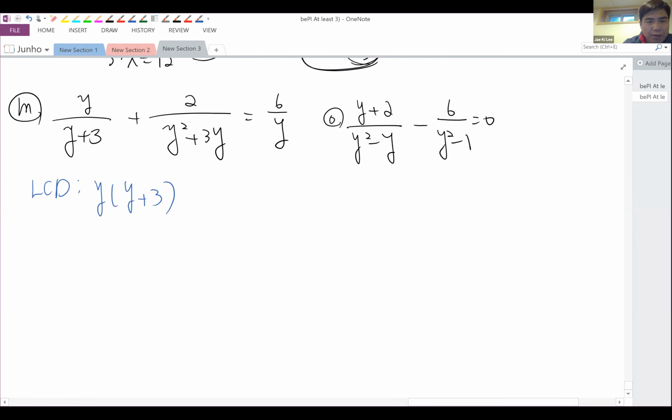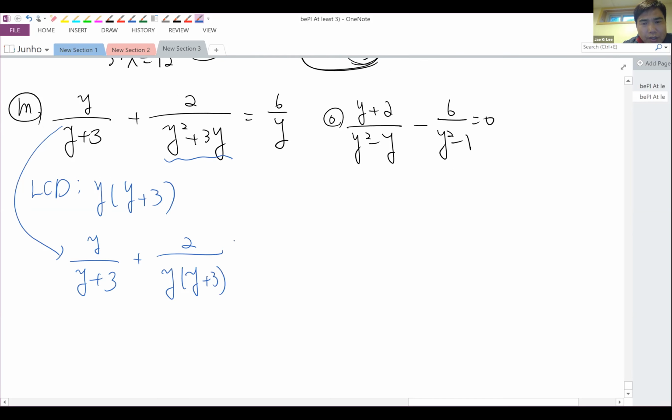Okay, so let's double check, because this becomes y over y plus 3 plus 2 over, factoring this one, y times y plus 3, equals 6 over y. Okay, since it includes everything here, y times y plus 3 will be the LCD here.